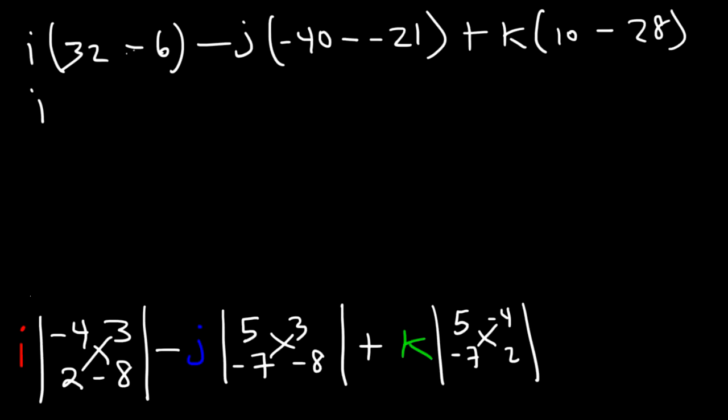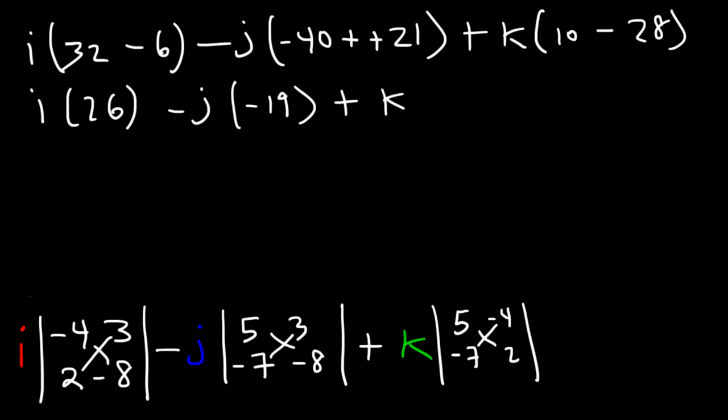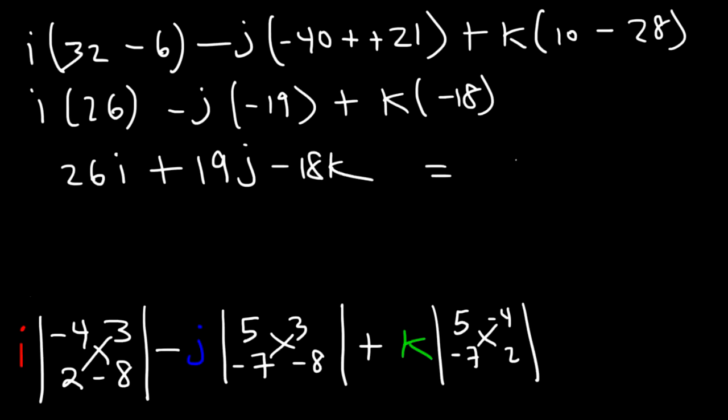So 32 minus 6 is 26. Here we have negative 40 plus 21, because we have two negative signs. Negative 40 plus 21, that's negative 19. And 10 minus 28 is negative 18. So this is going to be 26i plus 19j minus 18k. So that's the new vector. That's how you can find it.